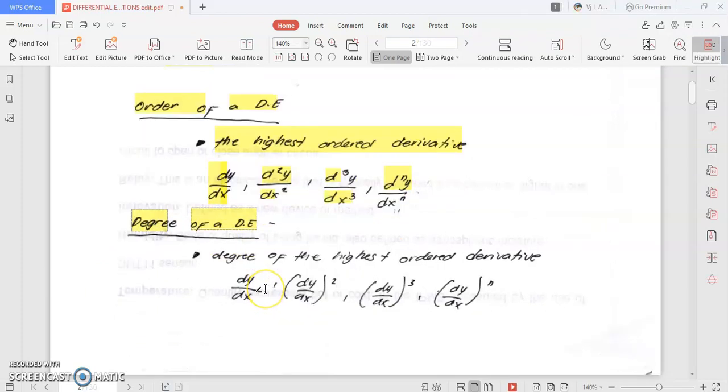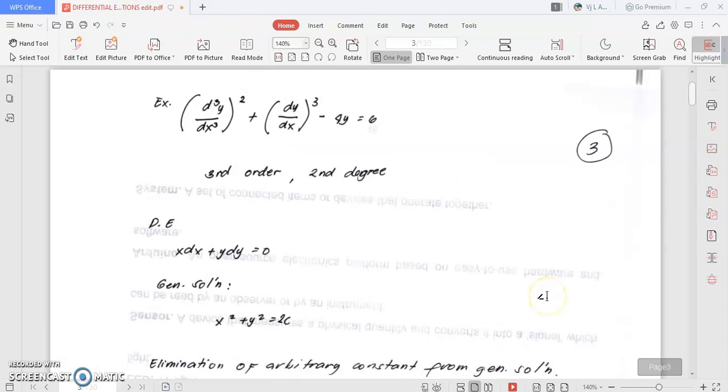Then, degree of differential equation. What is the degree of differential equation? Still, you follow the highest order of the derivative. So, in order to know the degree of the given differential equation, you should look first at the highest order sa given differential equation. And, in the degree of differential equation, muna na siya power sa imuhang differential. Okay? Power. So, let's have a sample.